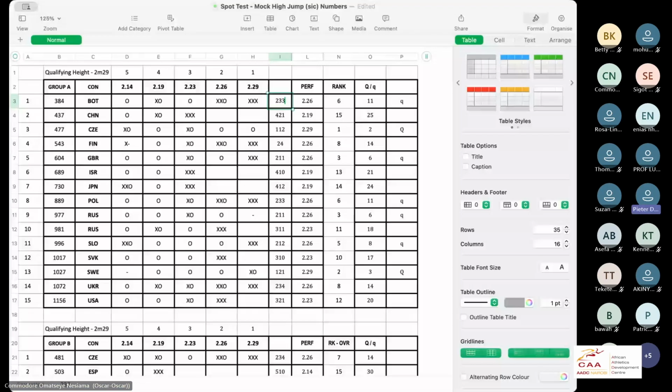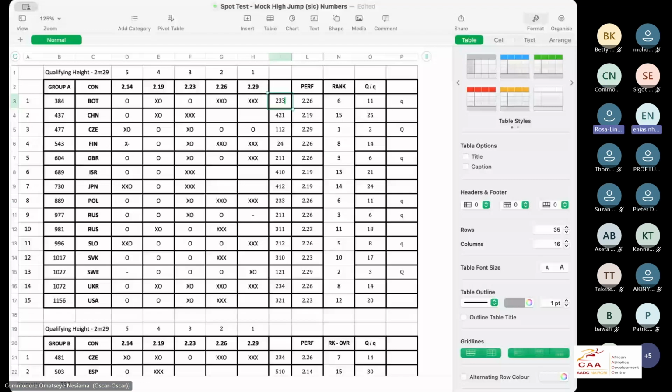You see, the failures that we use, that is according to what the rules say. You look first at the number of failures at that height, and then the total number of failures. No, please go to the rules. Can someone check the rules? Sorry, Nesiama. Yes, sir.